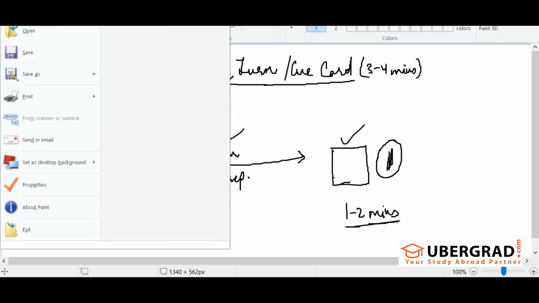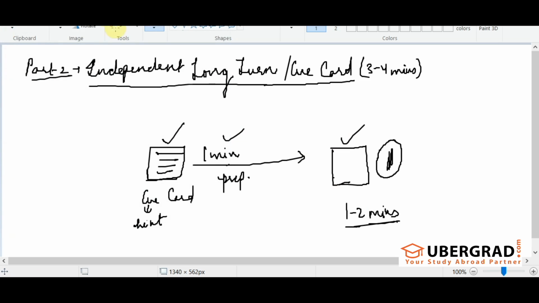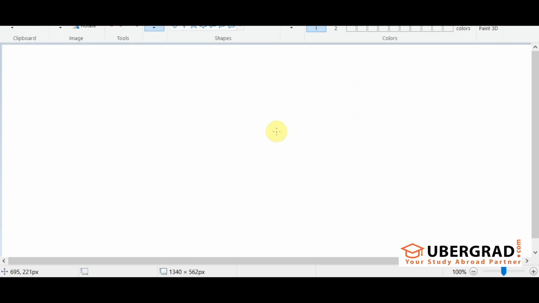Now, let's try to understand the format of the question. So the question will be something like this. They'll say describe, and a topic will be given. Related to this topic, you will have 3 bullet points, followed by an explain question.